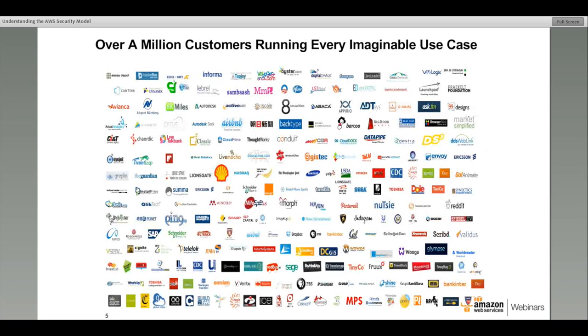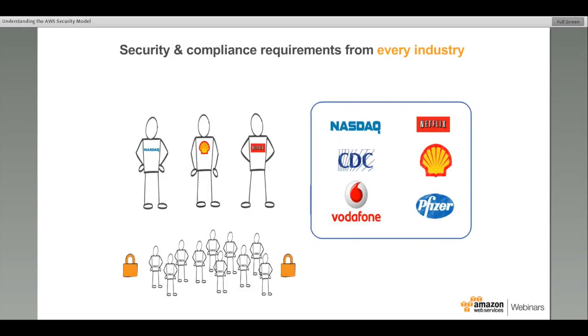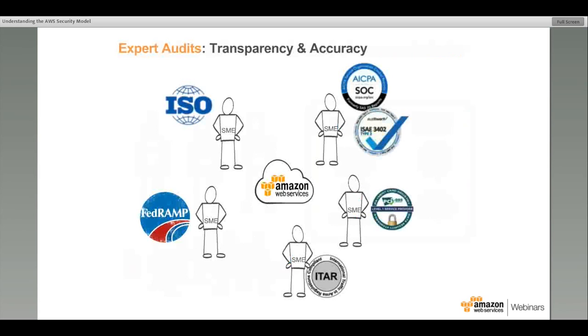So AWS has over 1 million customers running every imaginable use case you can imagine from every country. And all of them bring their own unique security requirements. So we have large enterprise customers like NASDAQ, CDC, and Shell, and others, and we have some of the smallest or newest startups. And they bring workloads from every compliance regime you can consider.